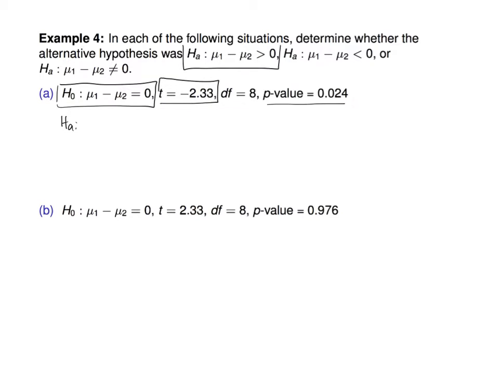Either the difference in your means is positive, the difference in your means is negative, or there's no difference at all. If this difference in means is positive, that corresponds to a positive t-value. If your difference is negative, which means mu1 is less than mu2, that's going to be a negative t-value. And the not-equal option could go either way.